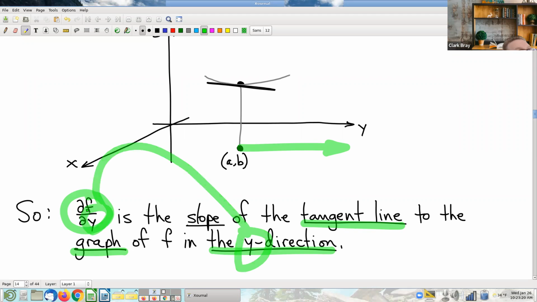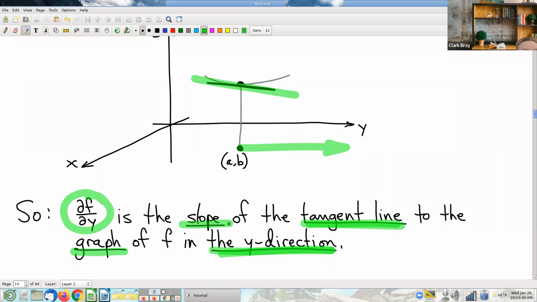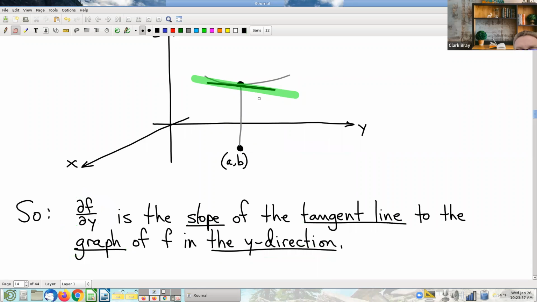That actually tracks. That makes sense. That's what you would sort of expect. So we look at the tangent line in the y direction, and then we take the slope of that tangent line. Here's the really good news, of course. This is very familiar, right? We're accustomed to partial derivatives being slopes of tangent lines.